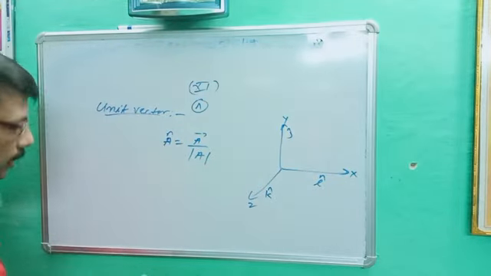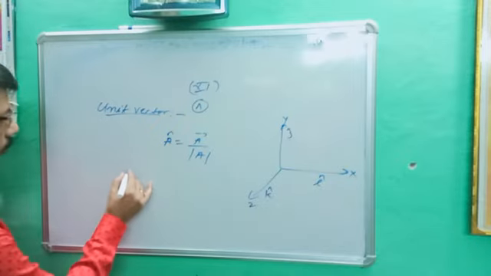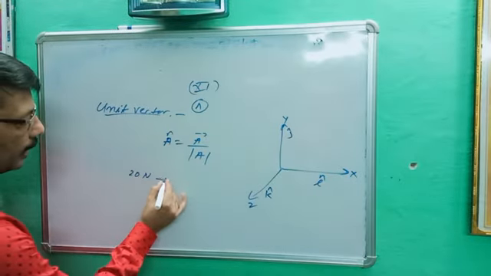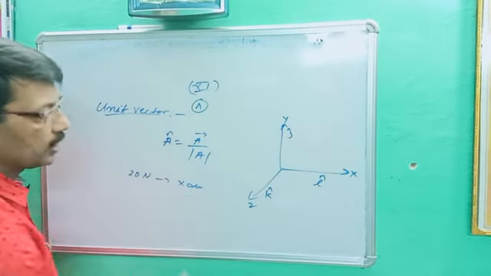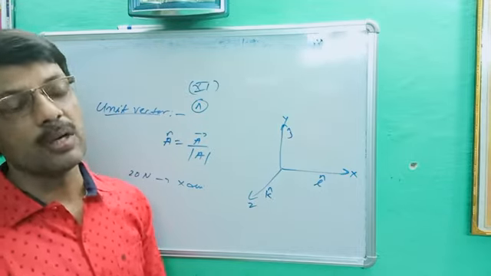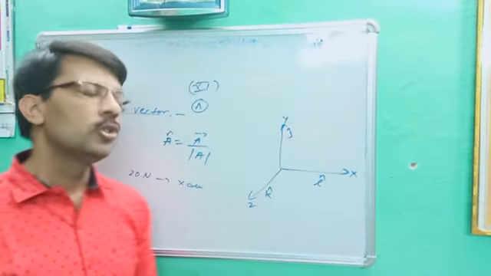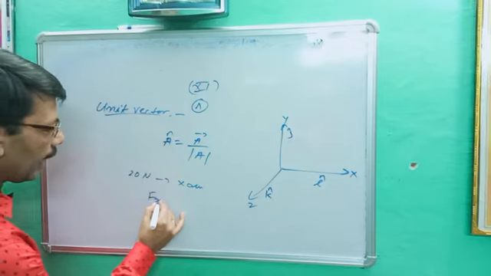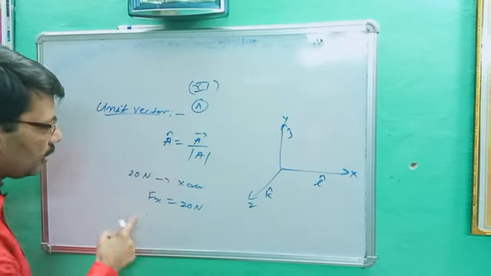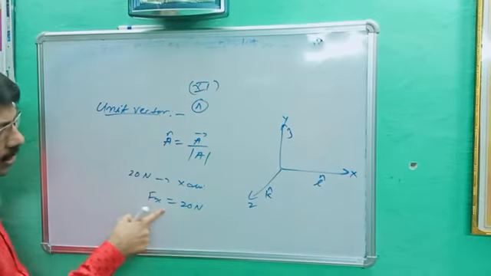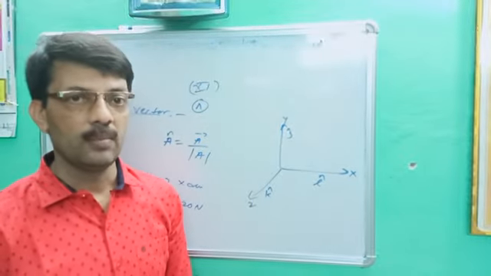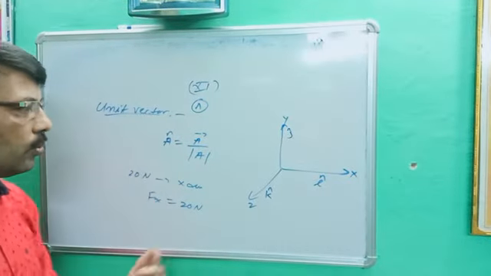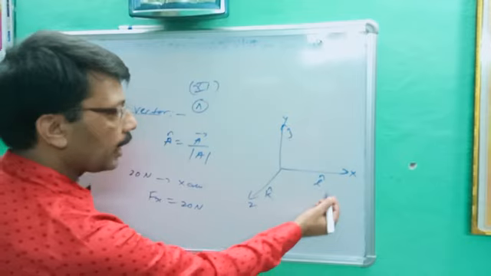Let's suppose I say 20 Newton force is applied in x dimension. How can we write the value? We can write Fx is equal to 20 Newton directly. It means the force acting in x dimension is 20 Newton. This is a very easy way. One more smart idea is given to you according to unit vector.